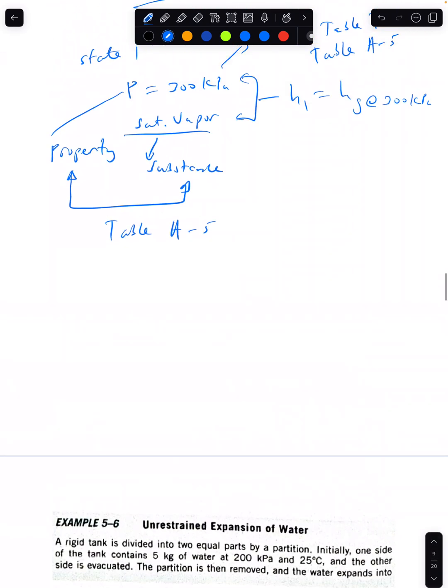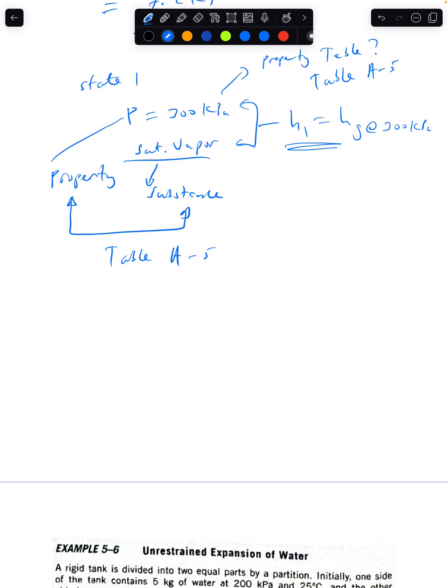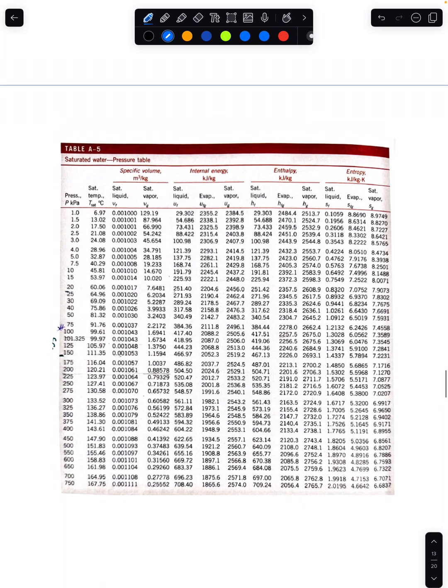Now I go to table A5. I'm looking for H vapor, H1 vapor. This is A5, and I have saturated water at the pressure of 300 kilopascal. The unit is in kilopascal, and then I have to make a good choice of table A5.